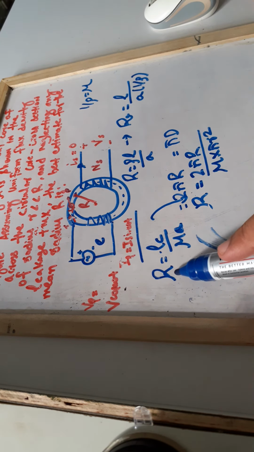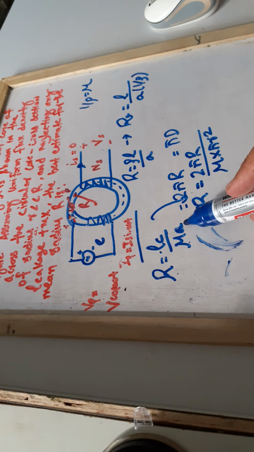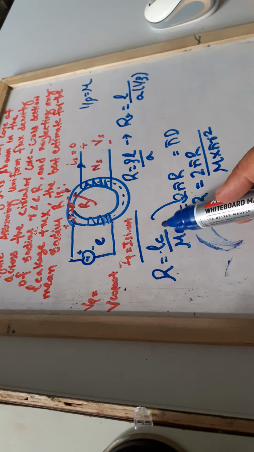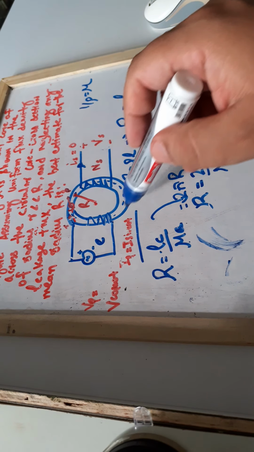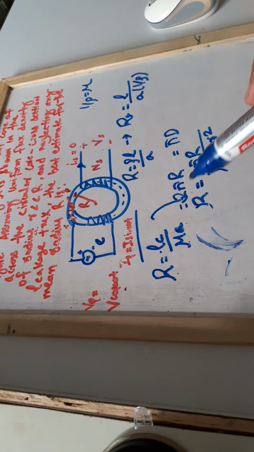Here you can see my reluctance is equal to Lc by mu A, where mu is the permeability of the material, A is the area of the cross section, and Lc is the length of the circular path. The entire length would be 2 pi r, whereas the area of the cross section would be pi r square.